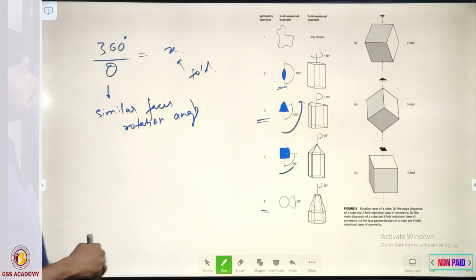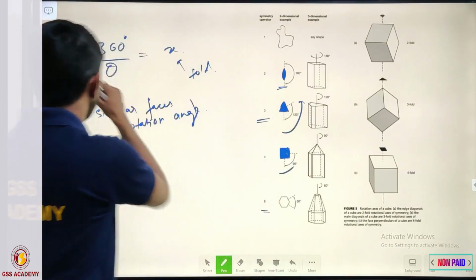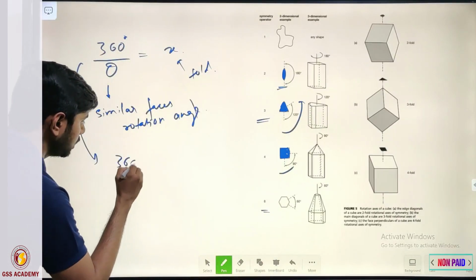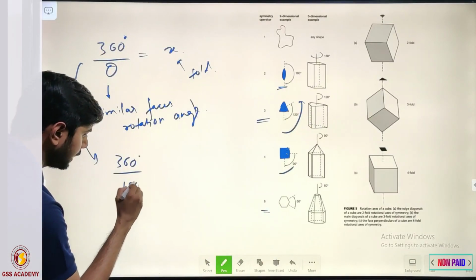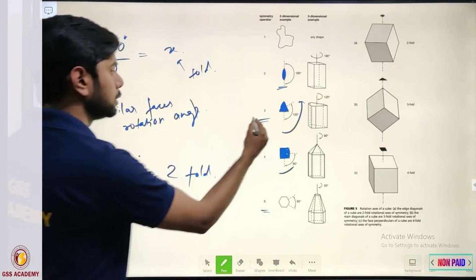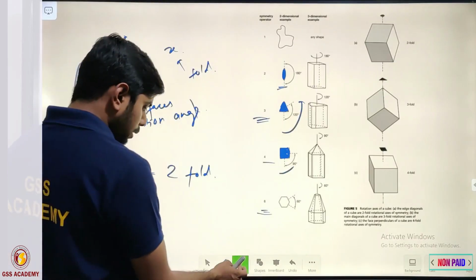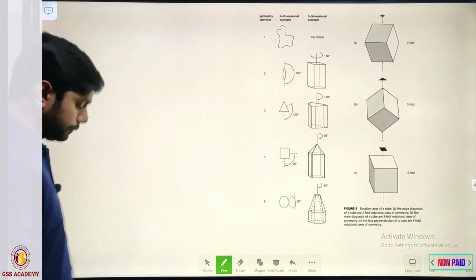So we are rotating the crystal to 180 degree and we are getting the same phase. That means 360 divided by 180 will be two-fold axis of symmetry. Similarly for the three-fold, four-fold and six-fold.